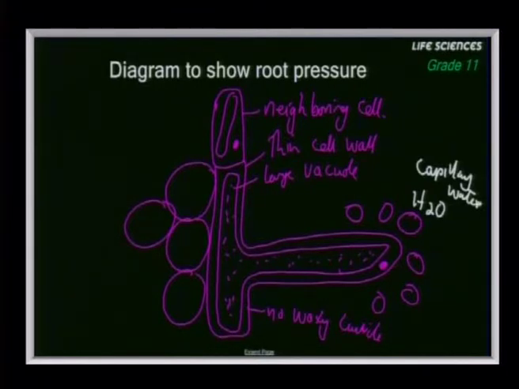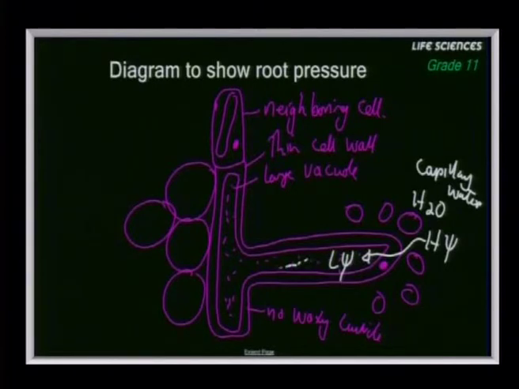So this water will move from a higher water potential, through the cell wall, into the vacuole filled with cell sap, to a lower water potential.